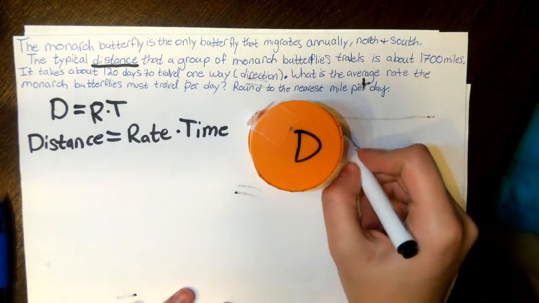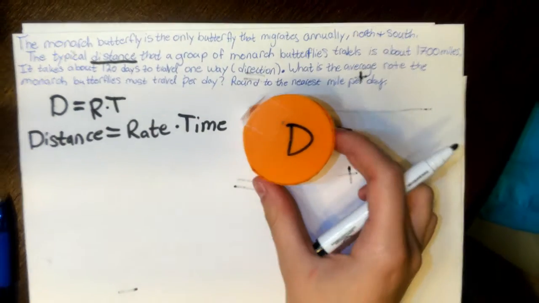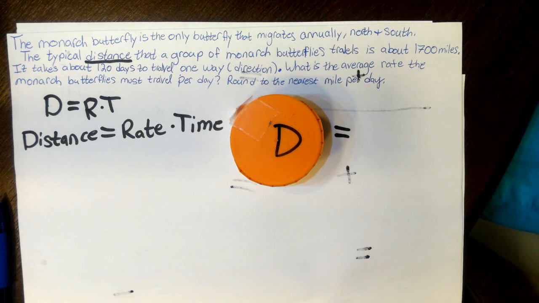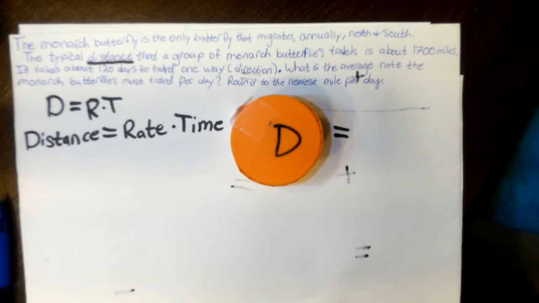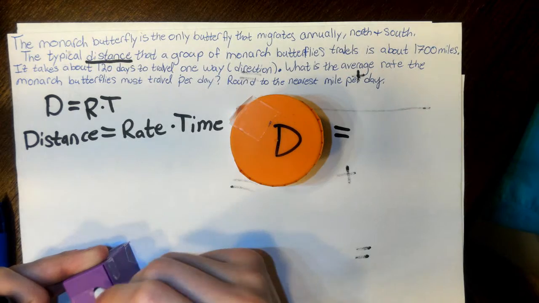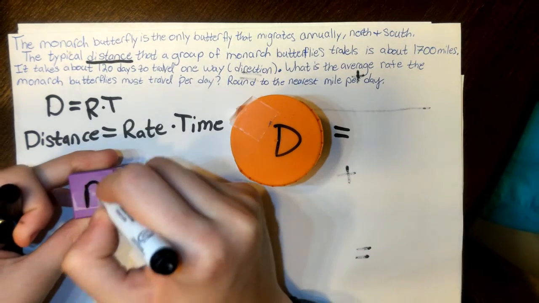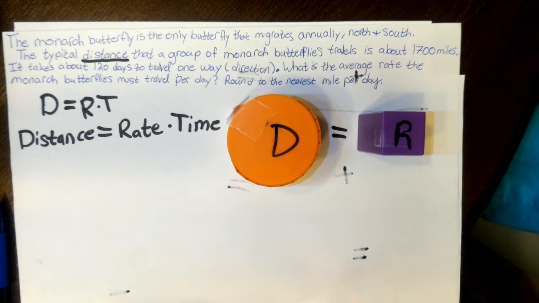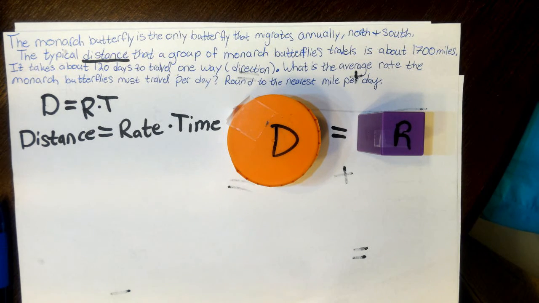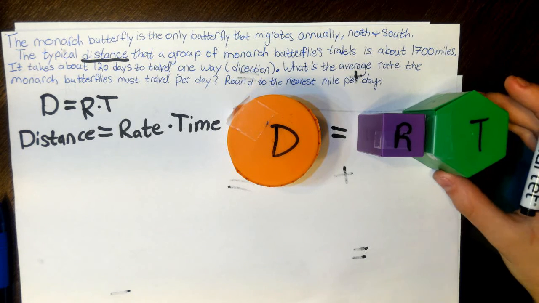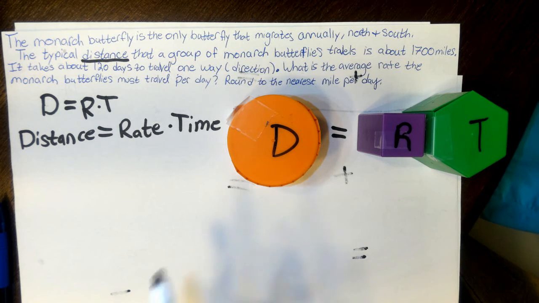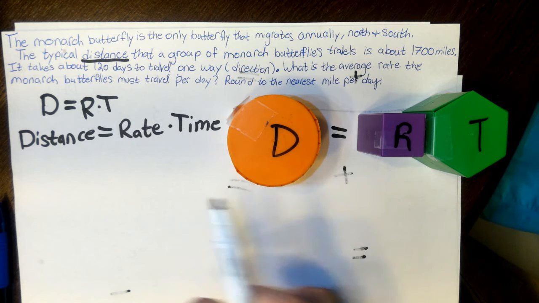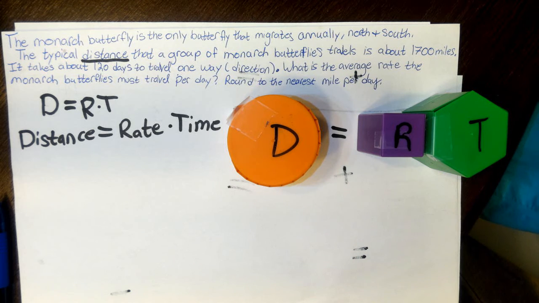Equals, I'll use R as our purple box, times T. So I have distance equals rate times time.